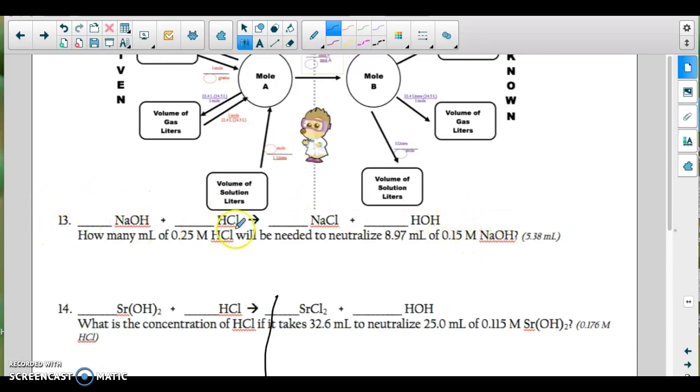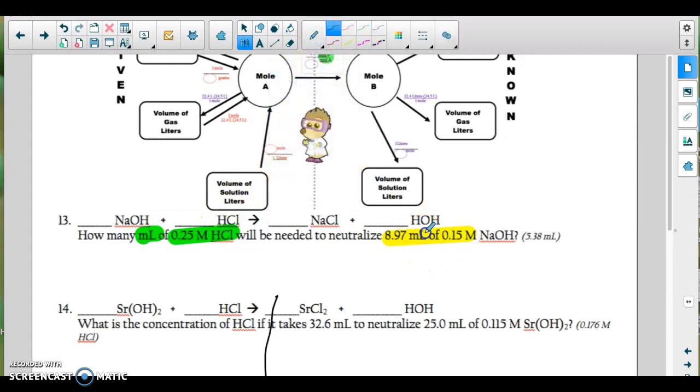So here's our reaction. It is balanced. We've got milliliters and the molarity of the sodium hydroxide, and then we have the molarity of the hydrochloric acid, and we want to know the milliliters.